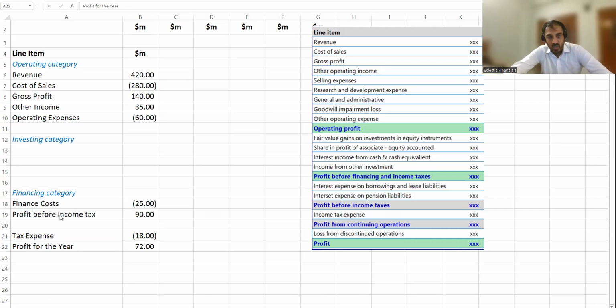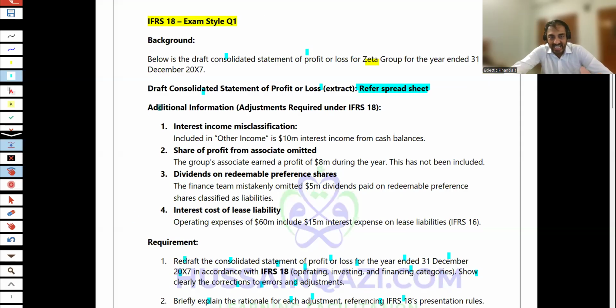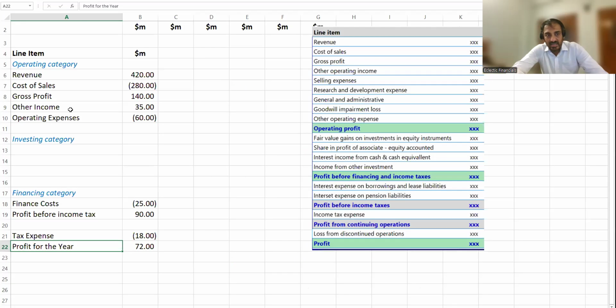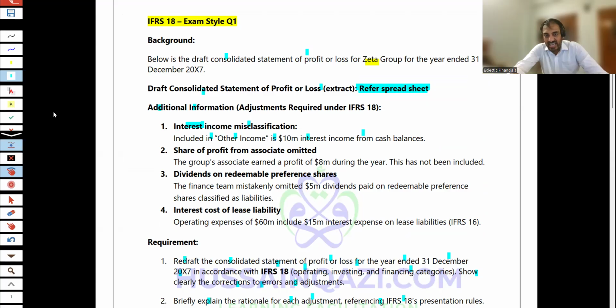Now what else? The exhibit says additional information. Interest income misclassification. Included in other income, $10 million interest income from cash balance. Number one, other income is labeled wrongly. Number two, it includes the $35 million, including the 10 million related to cash balance.